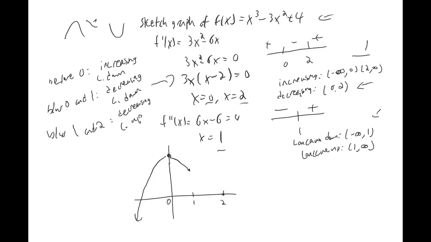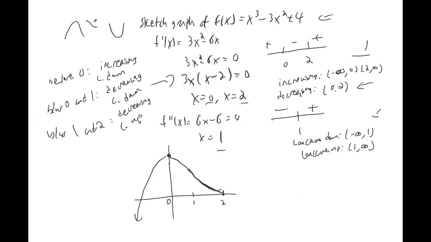So which side of the happy face am I, if I'm decreasing and concave up? It's going to look like the left side, something like this. It's going to flatten out. If it was concave down, it would look like this rather than like this, so you all see the difference.